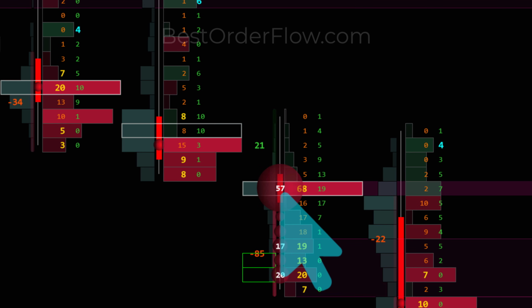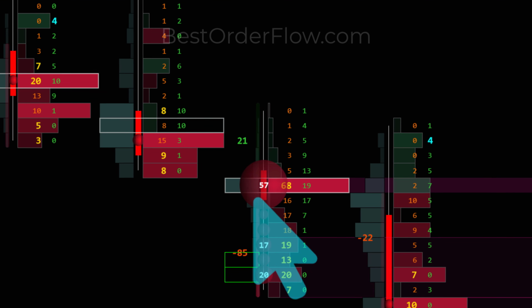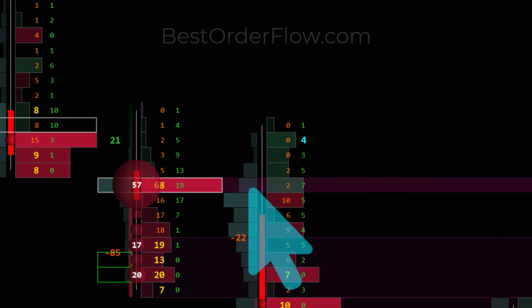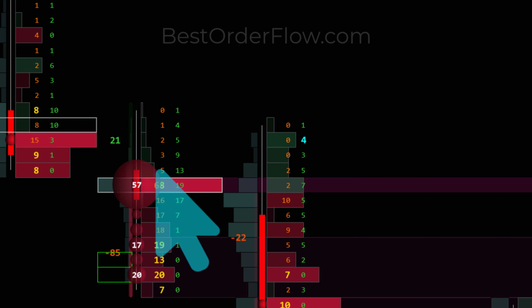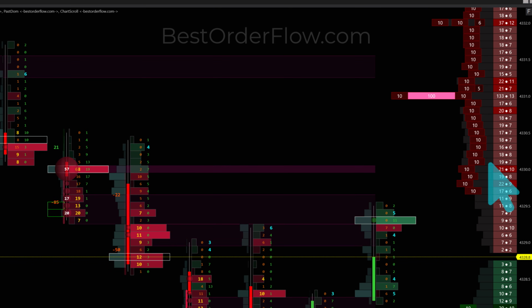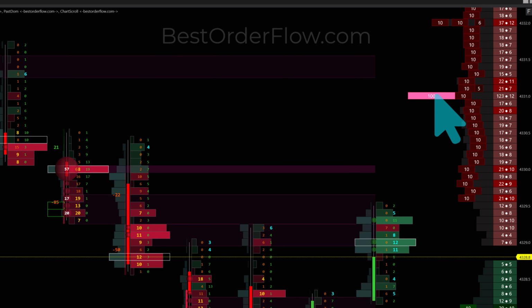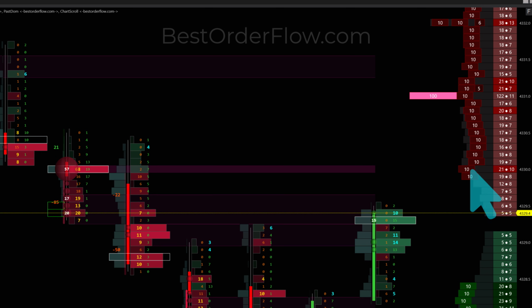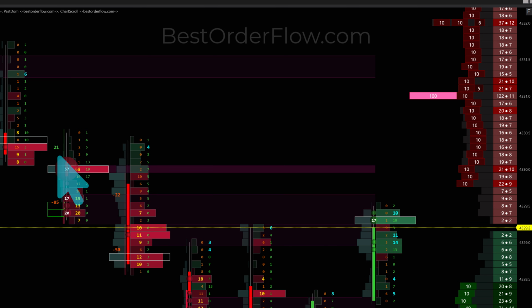Because the question that really matters is whether this bubble, a big trades bubble or delta bubble, is composed of one large institutional trade, or a collection of other traders sitting right over here. Many orders, or one large order like this one, a large order of 100, or a bunch of small orders sitting on an MBO composing this bubble.